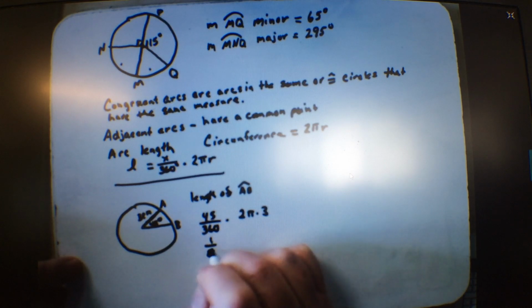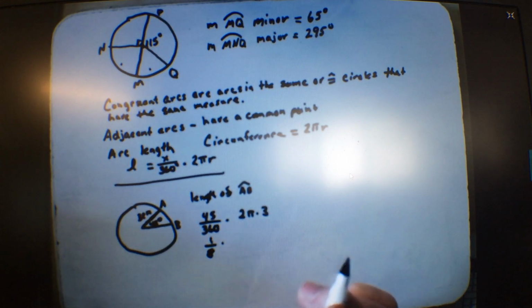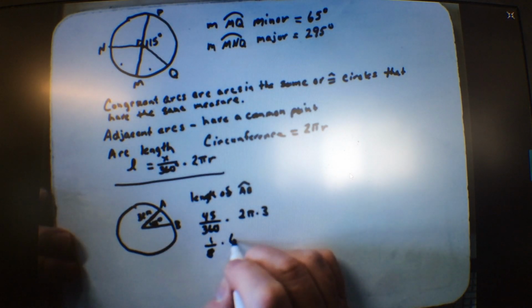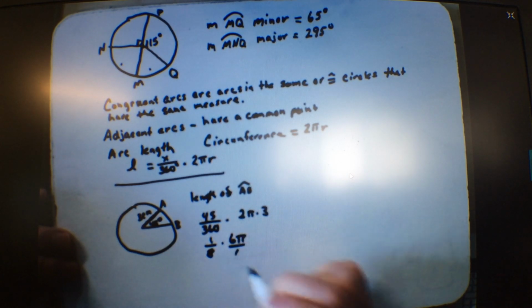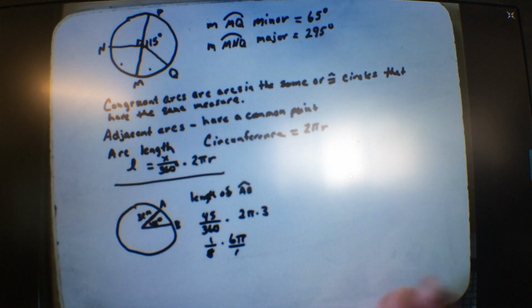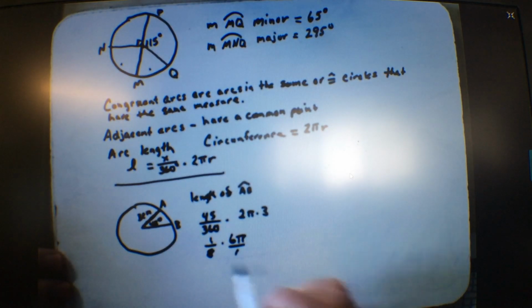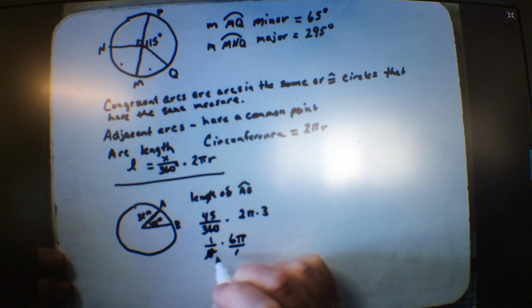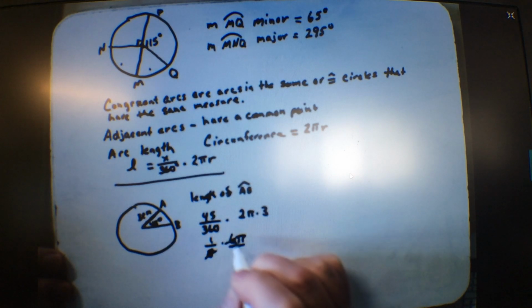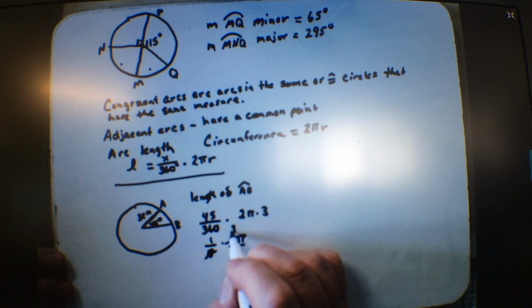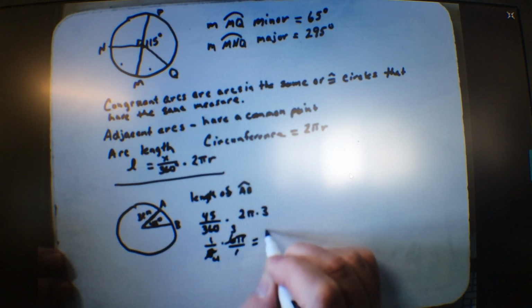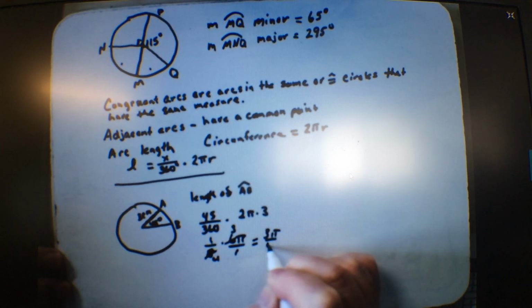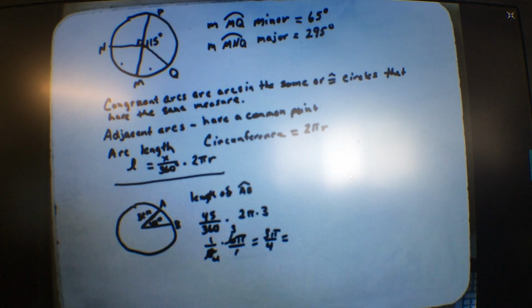Yes, it's 1/8 times 6 pi. Notice how I'm simplifying the problem before I plug it into my calculator. You can plug it into your calculator all you want, but I'm just simplifying it. Divide by 2, I get 3 and 4, so I'm getting 3 pi over 4. Take 3 times pi and divide it by 4 and tell me what you get in terms of centimeters.